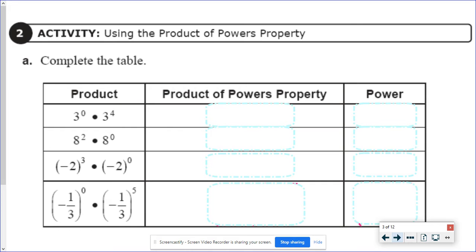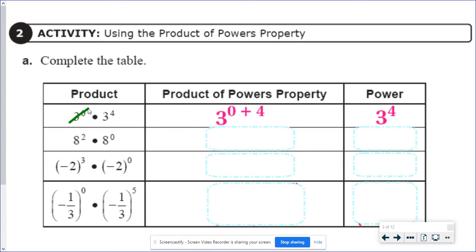Now that I know that, when I look at problems like these that have these 0 exponents in them, I know that 3 to the 0 power is equal to 1, and multiplying by 1 doesn't do anything. This part could really just be ignored in my problem. However, if I show that with my product of powers, I would add those exponents, and adding 0 doesn't do anything. Right?